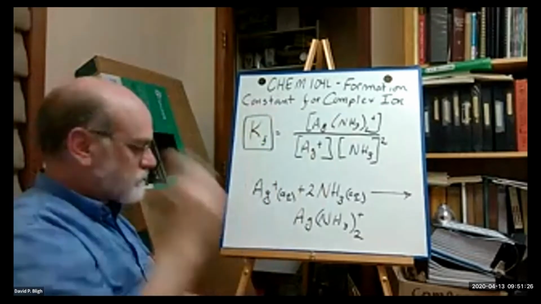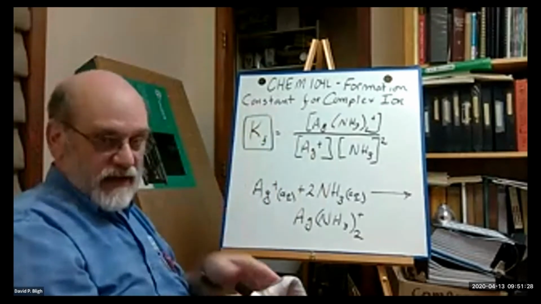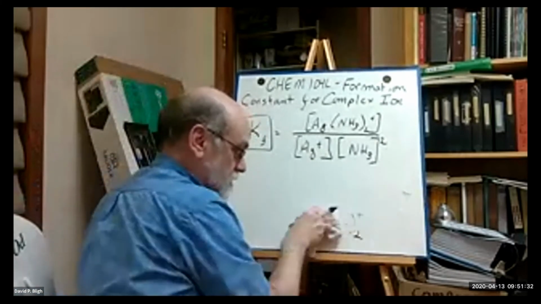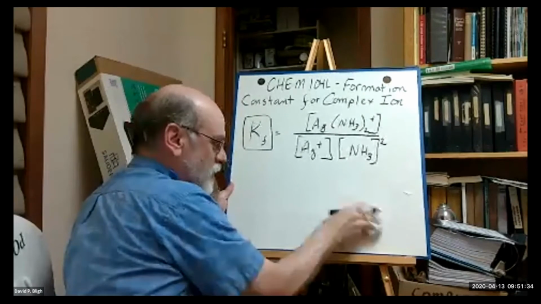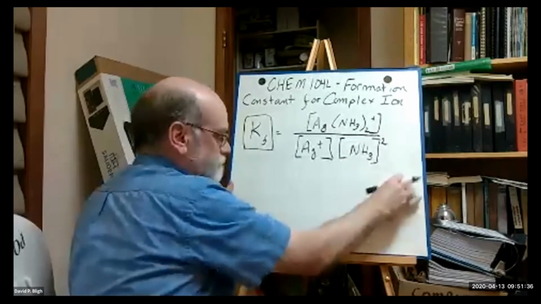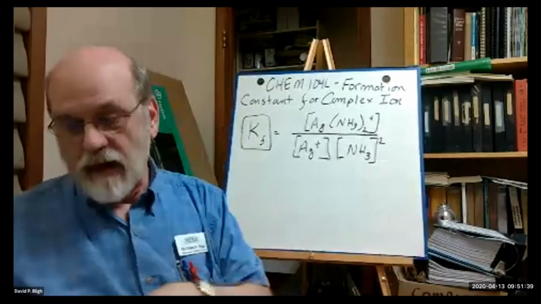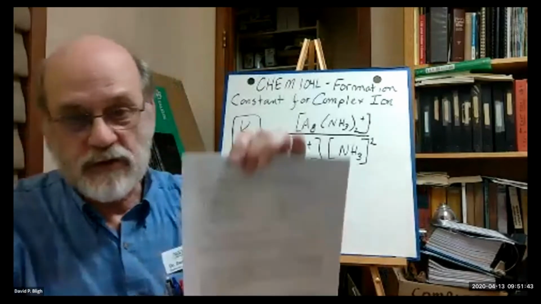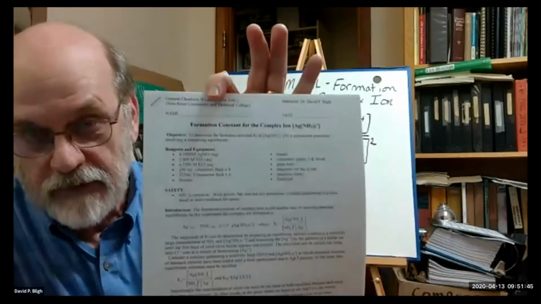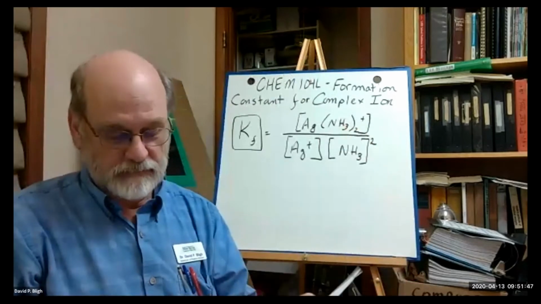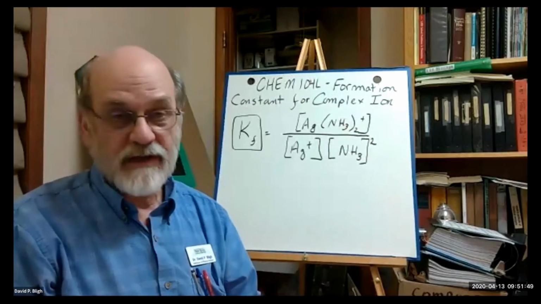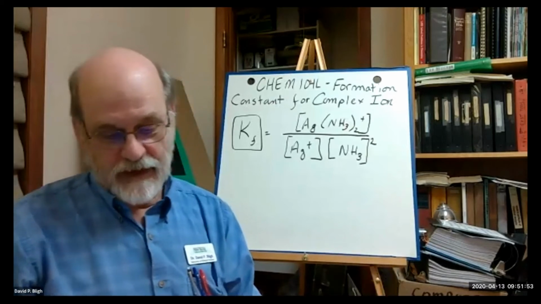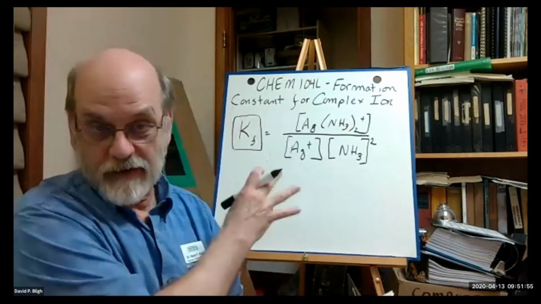But we're going to link a second reaction, excuse me, with its corresponding equation. And all of this is explained in the hard copy. This is what your hard copy looks like. You'll find it in Blackboard, and it's nauseatingly detailed. We're going to cover all of this stuff right here.